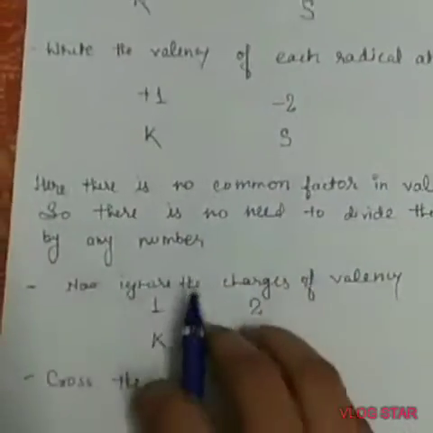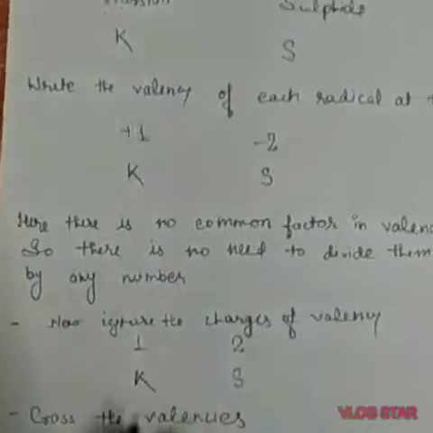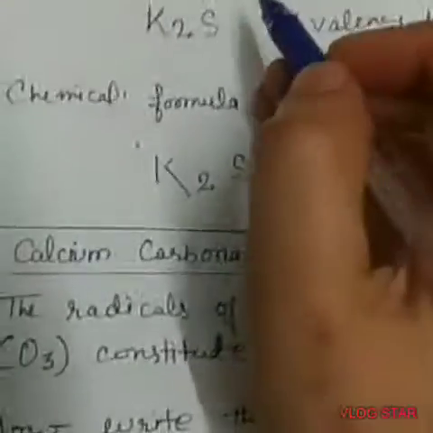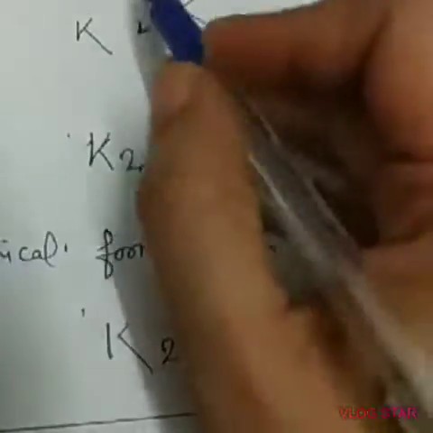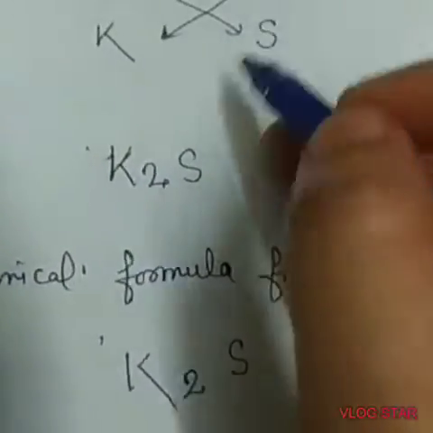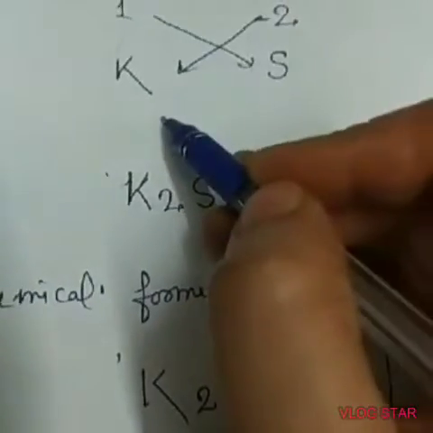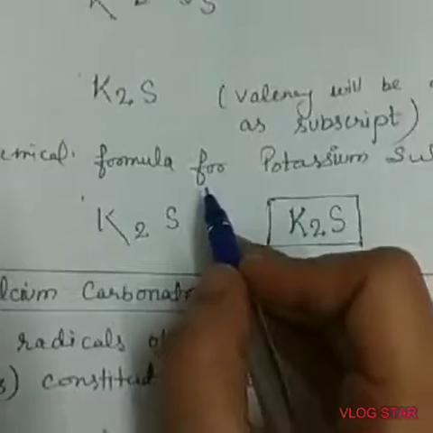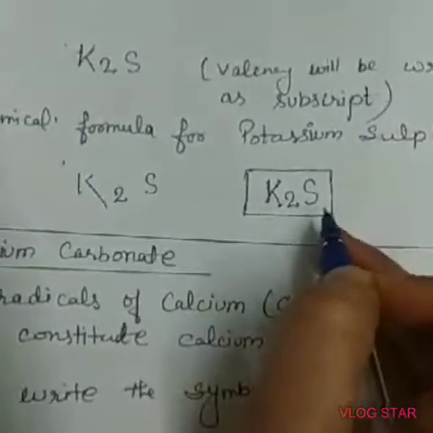Now ignore the charges and cross the valencies. Interchange the valencies, and the superscript will be written as a subscript. After interchanging, we get K2S. So the chemical formula of potassium sulfide is K2S.